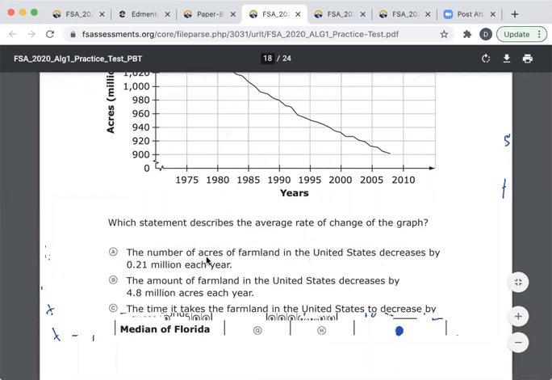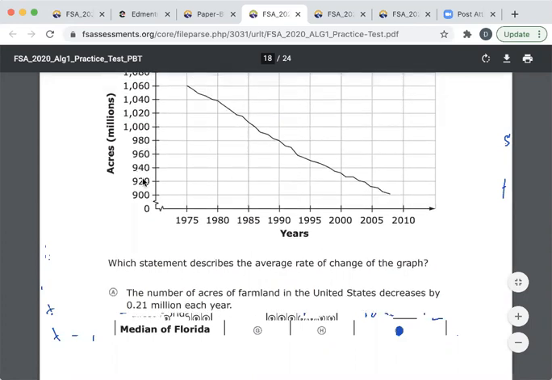A says the number of acres of farmland in the US decreases by 0.21 million each year. So is it 0.21 million? Over here on the left, it says acres and millions. So it looks like it goes down 20 million.